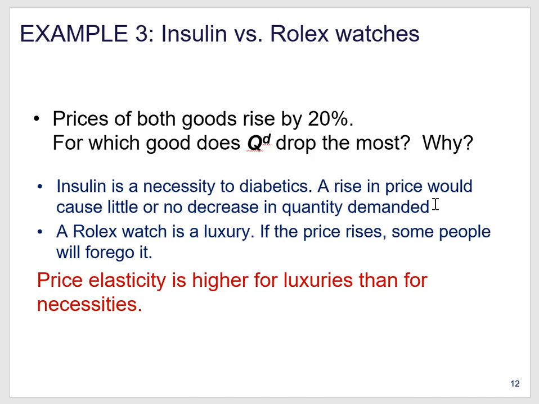People will still buy because it's a life-saving drug. However, when Rolex watch prices increase, these watches are already expensive and they are luxury products, so we would expect some people to not buy Rolex watches anymore. They are obviously more expensive, luxury, and not a necessity. So price elasticity is higher for luxuries than for necessities.